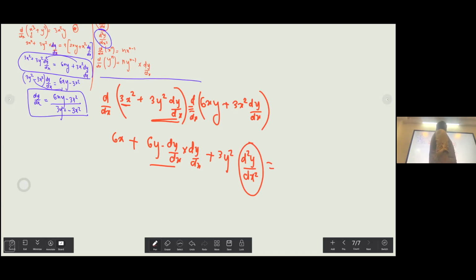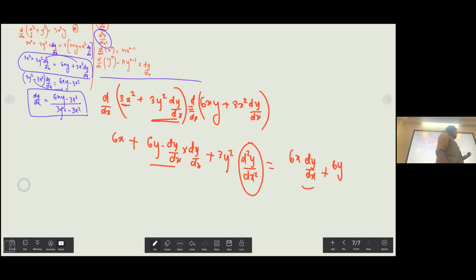The derivative of 6xy is 6x times dy by dx plus 6y. That's the derivative by applying product rule. So 6 times xy: x into the derivative of y, which is dy by dx here, plus y times the derivative of 6x, which is 6. Now, once again apply product rule on 3x squared dy by dx.